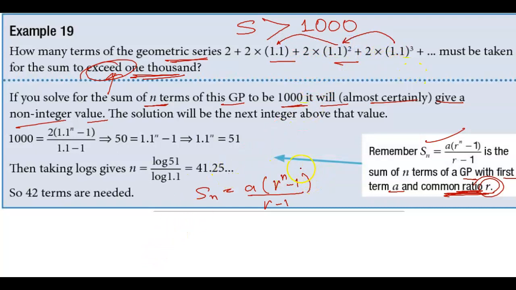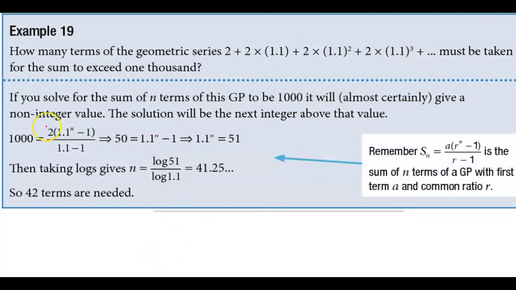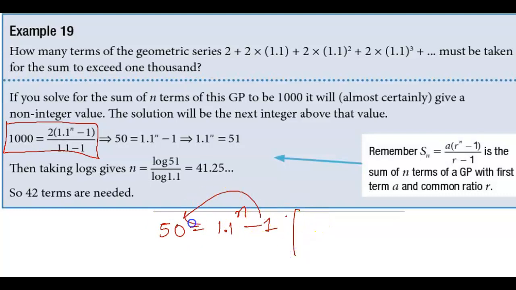Okay, so we will take first of all equality, right? Solve this. You will get 50 equals 1.1 raised to power n minus 1, which implies 51 equals 1.1 raised to power n.